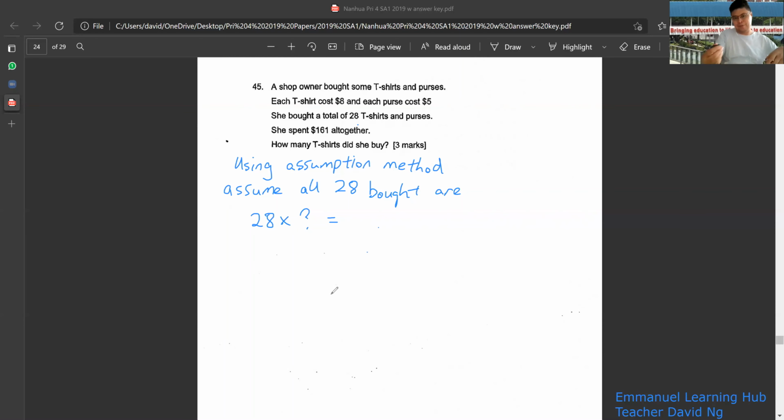Purse, very good. So if all 28 are purse, so 28 times 5. 28 times 5 is 65.